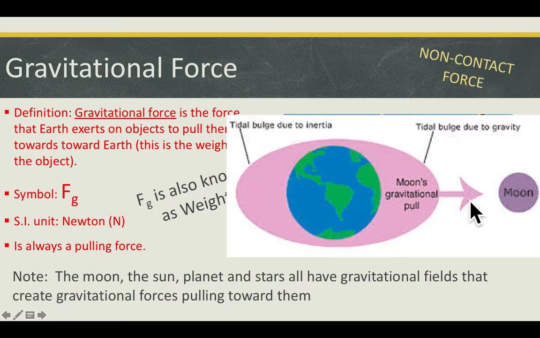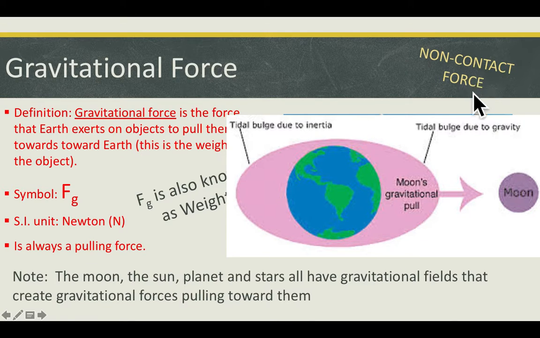So this is an example and a reminder that all kinds of things have gravitational fields. The moon pulls on the Earth, and it pulls hard enough that it actually pulls the water toward it, creating our tides.